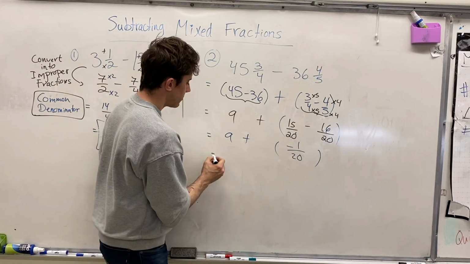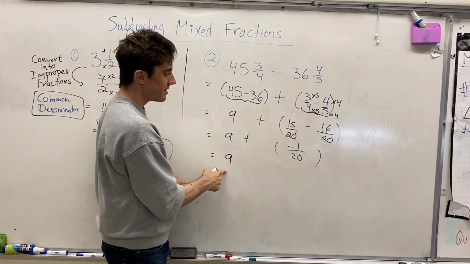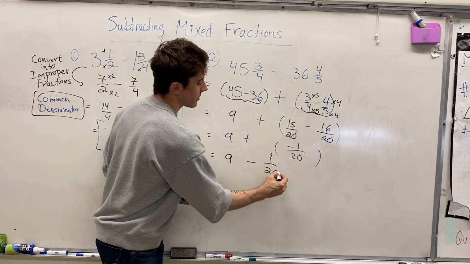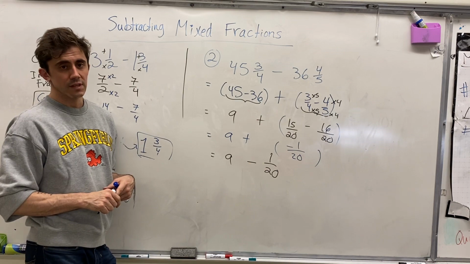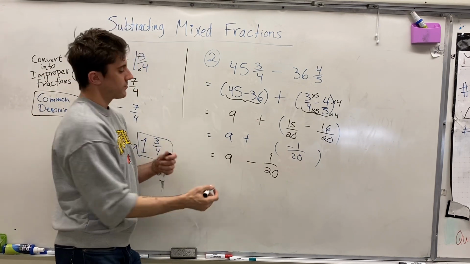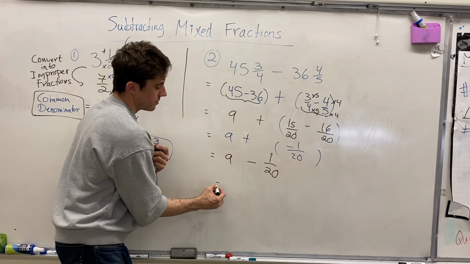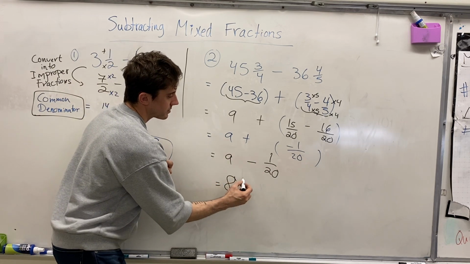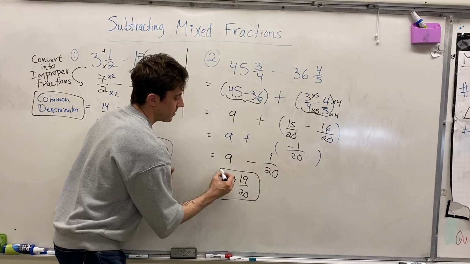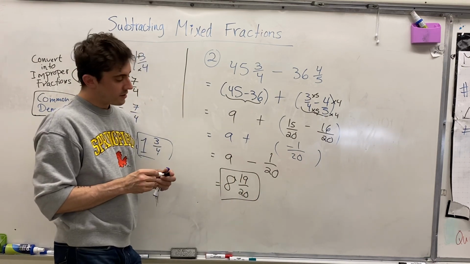And so we can write this equivalently as simply 9 minus 1/20. Okay? And now, if we have 9 entire units and we take away 1/20, then we're left with 8 and 19/20 in the end. Okay? And so there we have it.